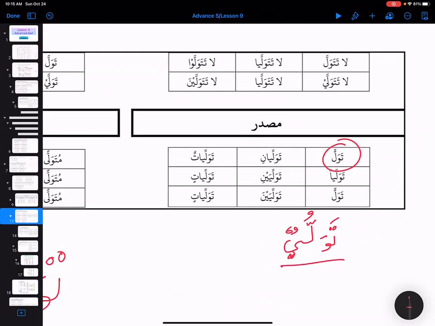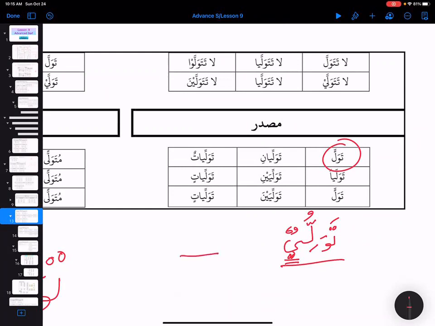So now that should be the actual one. As I said in the beginning, what's going on? That u and i doesn't go well, so we are giving that kasra. And now we have to apply another rule. What was that rule?